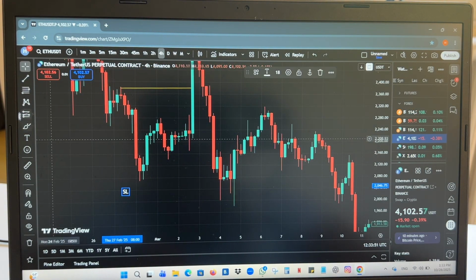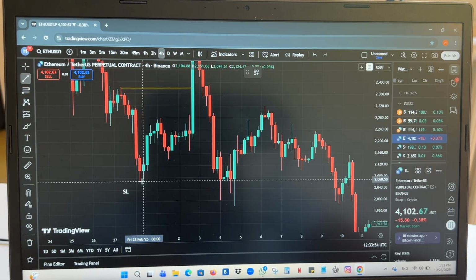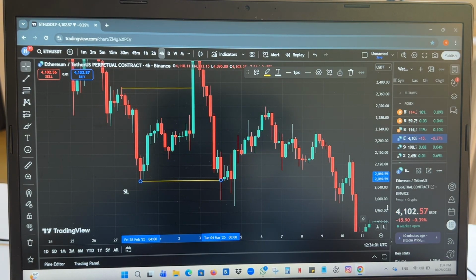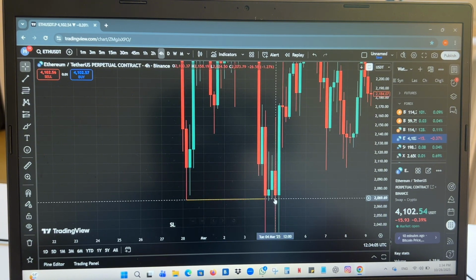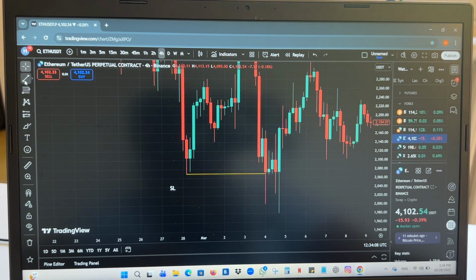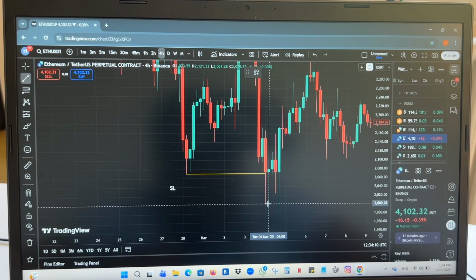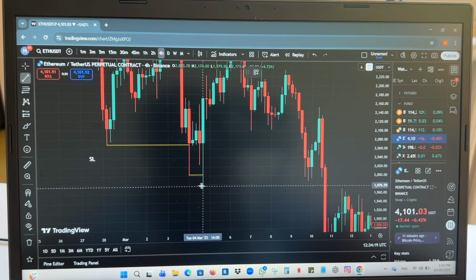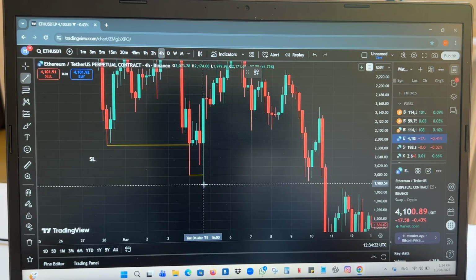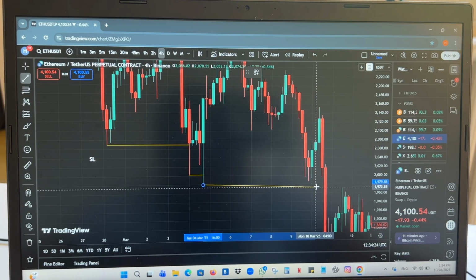Here in this swing low, we need to be precise and get the line to its proper wick. Zoom it out. There you go. It's not to a body itself. So we go to the next wick. It's still not touching a body. So we go to this wick, and then there you go.